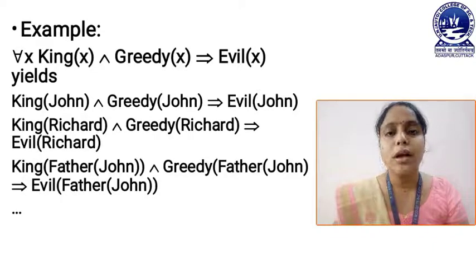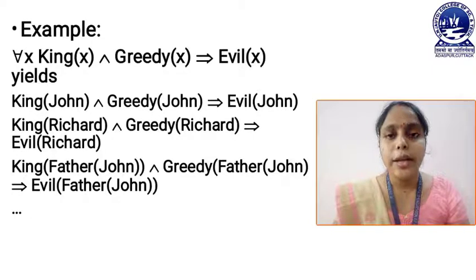Now look at the derivation of new sentences. King(John) and Greedy(John) implies Evil(John), which means in this sentence the variable x is replaced by the ground term John.